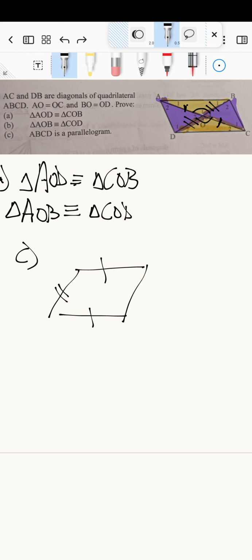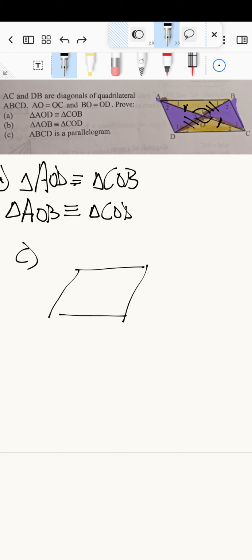So maybe we can try that. Or still theorem 1, if you can prove opposite angles are equal, then it's a parallelogram. Or even still theorem 1, if you can prove that opposite sides are parallel, it's a parallelogram. If you can do one of those, then you have proven a parallelogram.